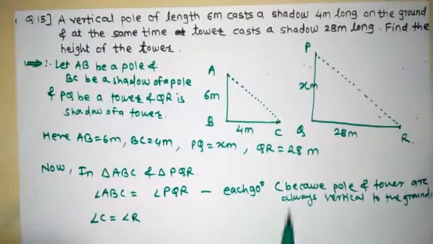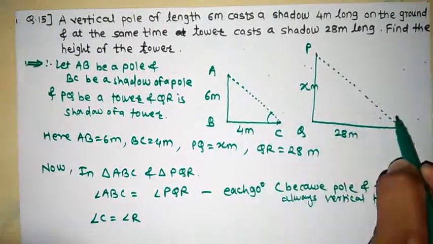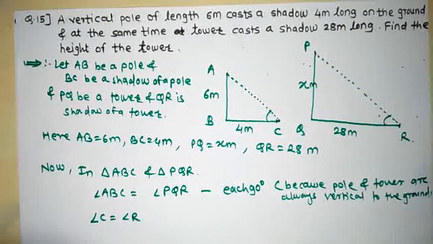And angle C is equal to angle R. What is the reason this angle C is equal to angle R? Because the angle of elevation of the sun at the same time is the same. The shadows are measured at the same time.